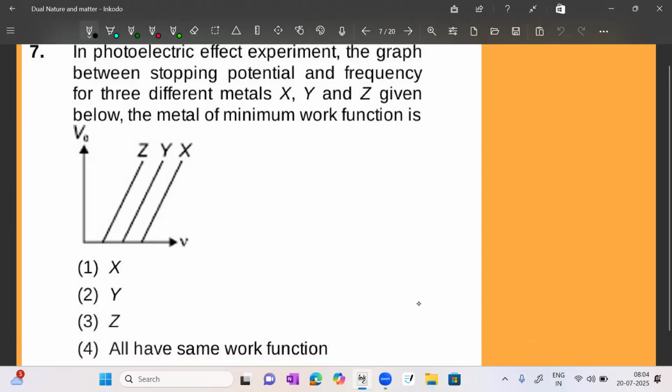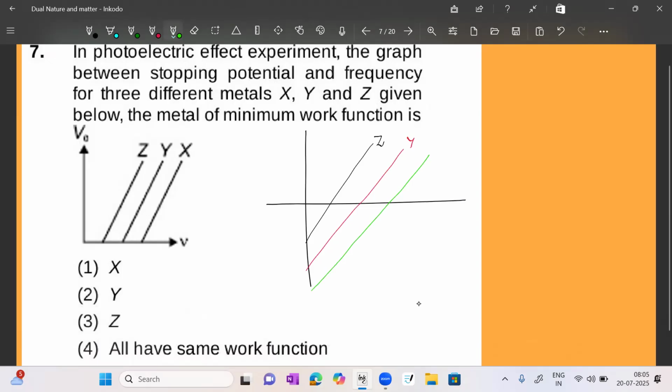Now see, for example, this is the graph they give. Suppose we extend the intersections: this is Z, this is Y, and this is X.